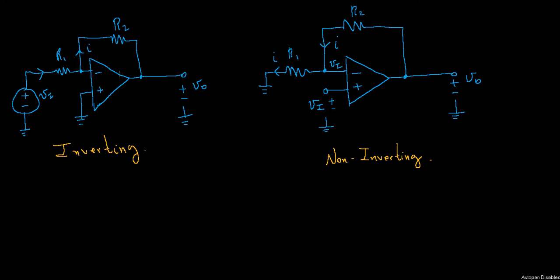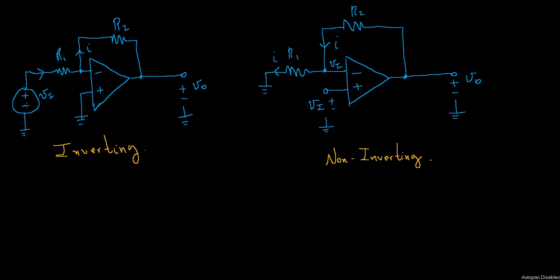Now the difference is, if you look at the minus and plus inputs, on the inverting configuration the plus input is grounded and the minus input is connected to the V0 output via feedback resistor R2, and it's also connected through resistor R1 to an input voltage Vi.